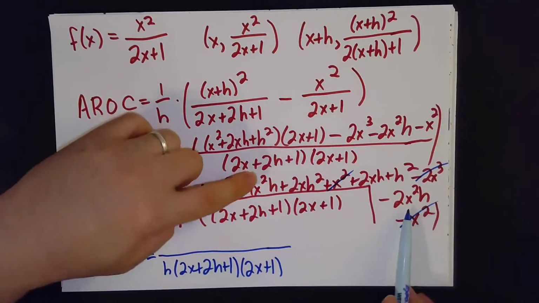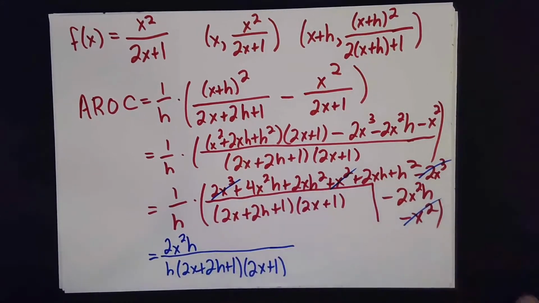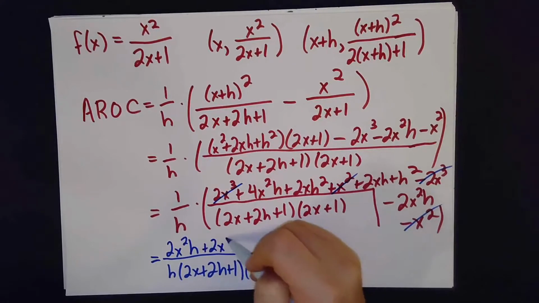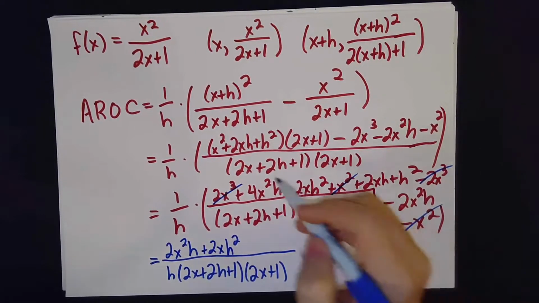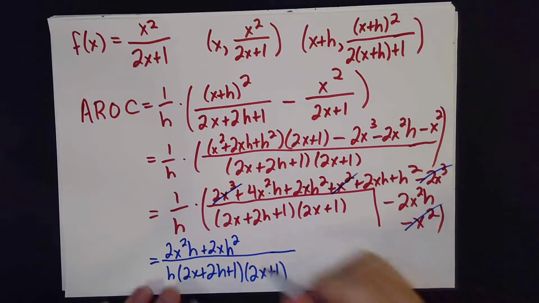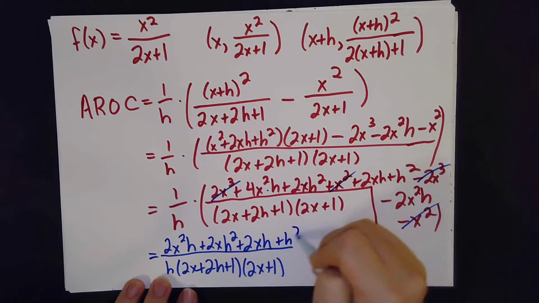So these two will combine and leave me with a 2x squared h. That will be a 2xh squared. So I've taken care of that term, and that term. Plus 2xh plus h squared.